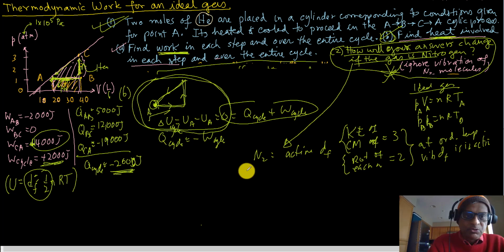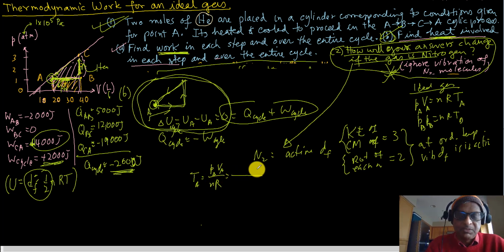So we just assume that this is an ordinary temperature. We can find out what temperature it is by looking at the temperature at A. How much was that? PA VA over NR.